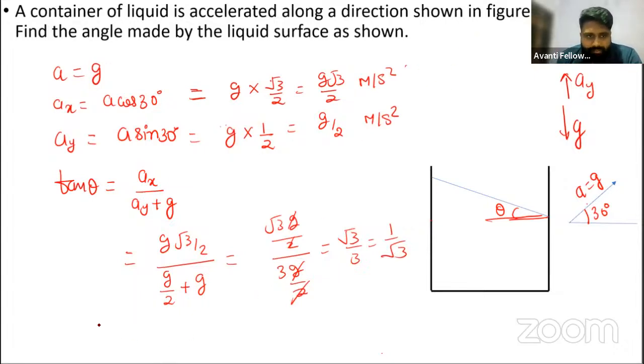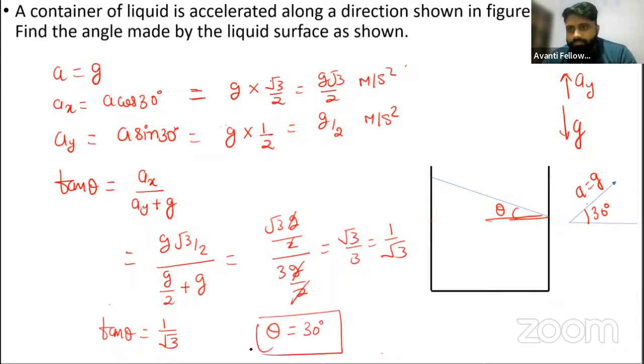So tan theta equals 1 by root 3, which is the value of tan 30. So theta would be 30 degree. Okay. Got it?